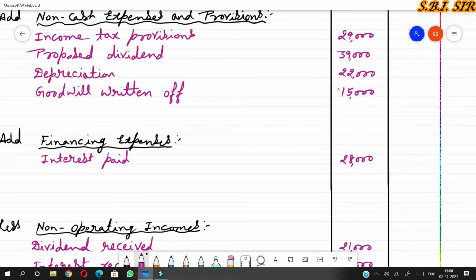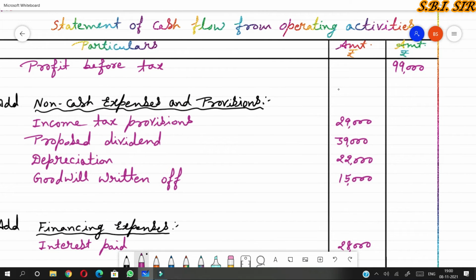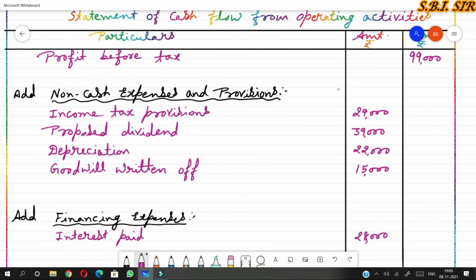Then we will make the total. 29,000 plus 39,000 plus 22,000 plus 15,000, 1,05,000. 99,000 plus 1,05,000, we will get 2,04,000.